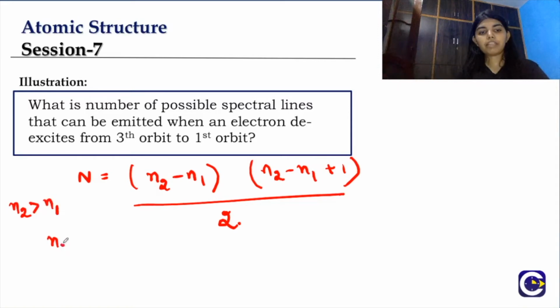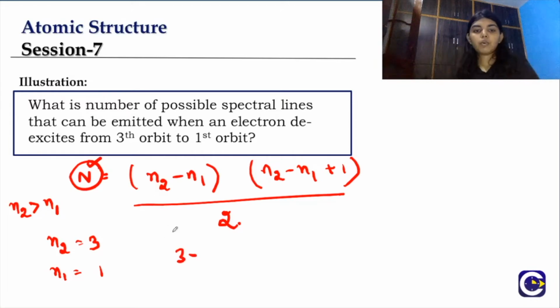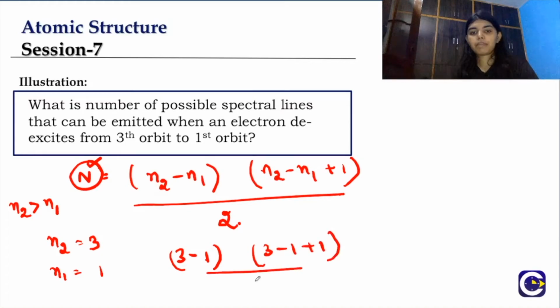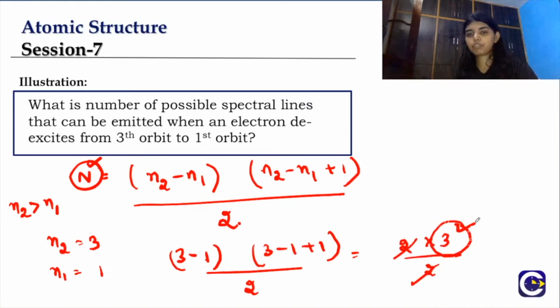So here you are given that n2 is 3 and n1 is 1. So this will be (3 minus 1) into (3 minus 1 plus 1) divided by 2. So 3 minus 1 will be 2 into 3, that will be divided by 2. So the answer will come out to be 3. So the number of spectral lines that can be emitted when an electron de-excites from third orbit to the first orbit is 3.